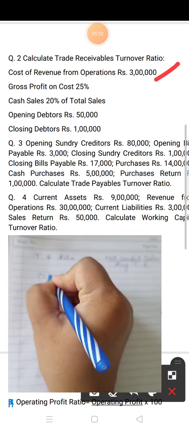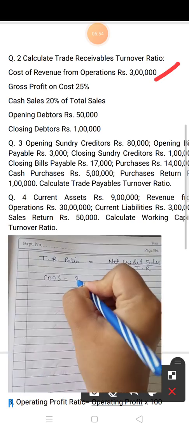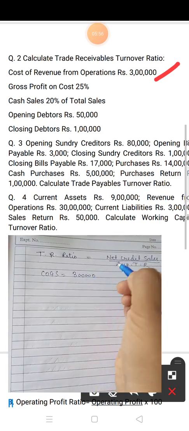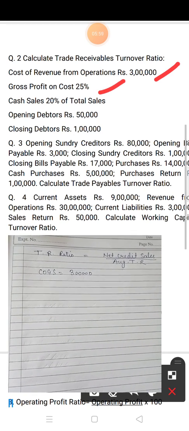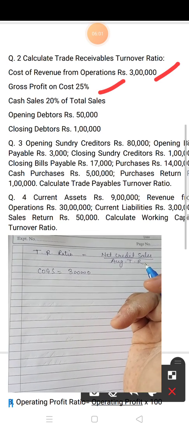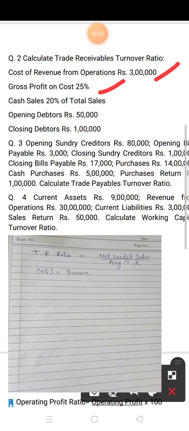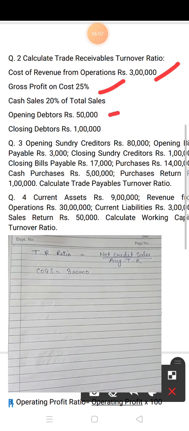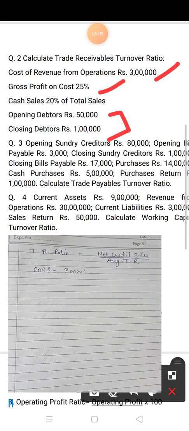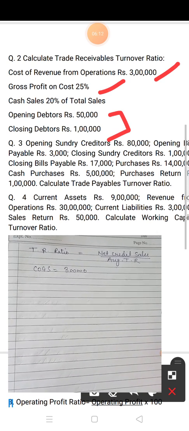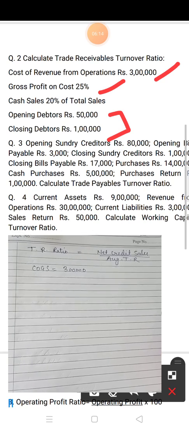So here I am writing cost of goods sold value, it is 3 lakh. Next is gross profit on cost 25%, cash sale 20% of total sale, opening debtor and closing debtor. Opening debtor and closing debtor you have to use for calculating average trade receivable.